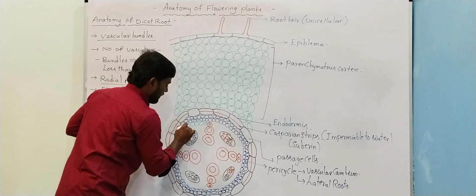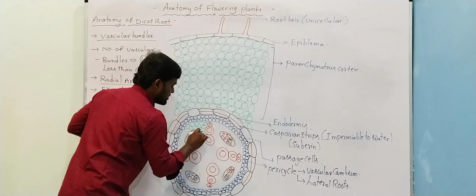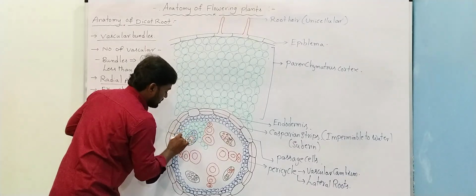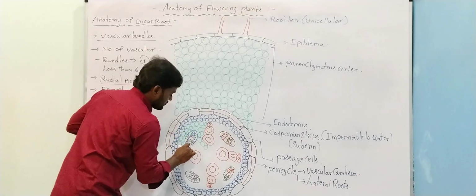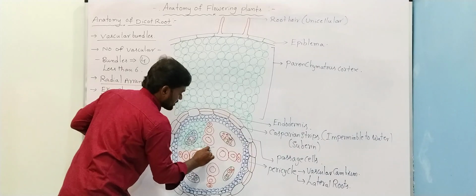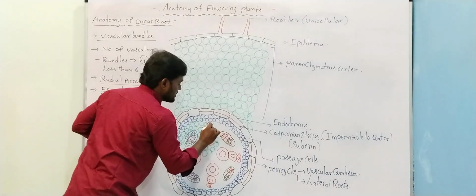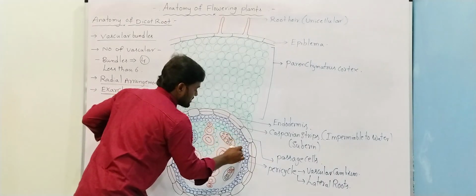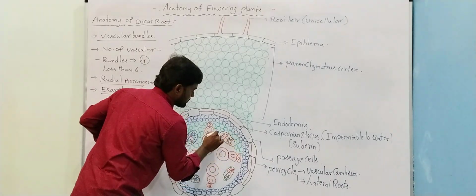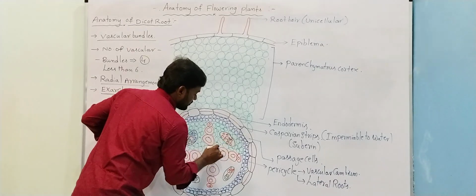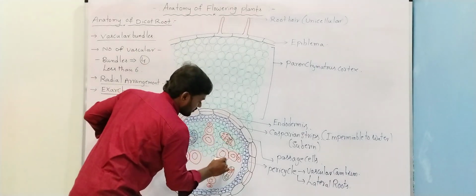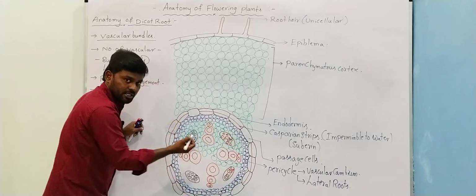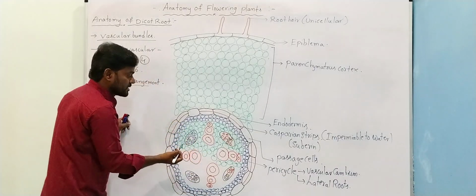The remaining place is filled with parenchymatous cells. This place is completely filled with parenchymatous cells. These cells are loosely arranged with intercellular spaces. Okay, the endodermis is made up of barrel-shaped cells without intercellular spaces.